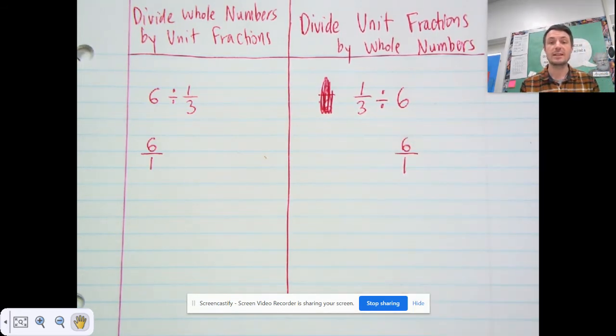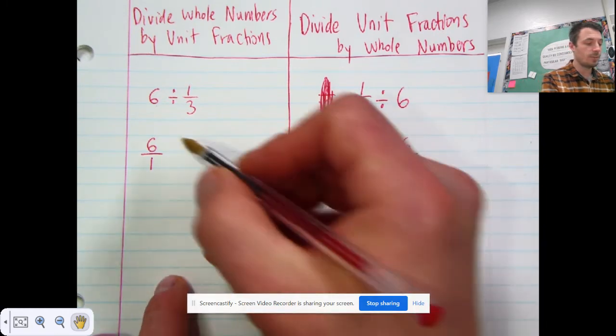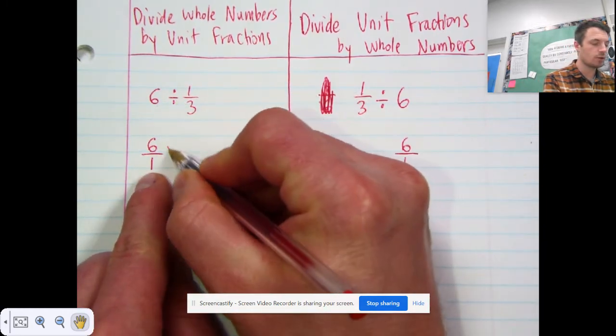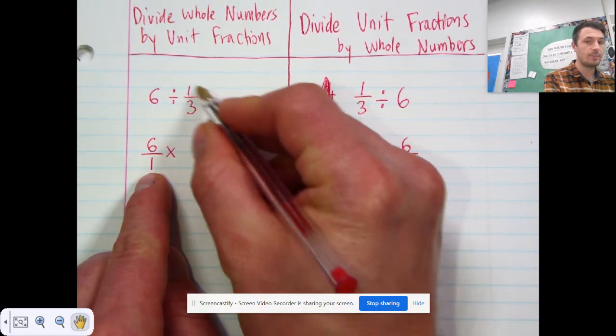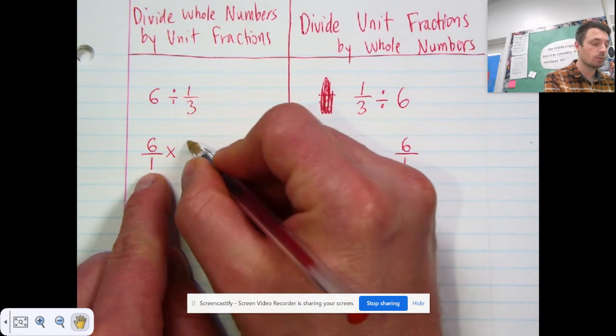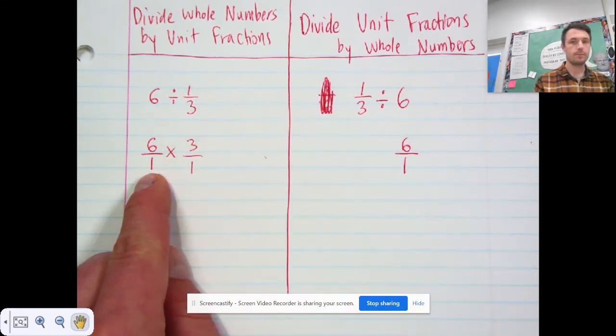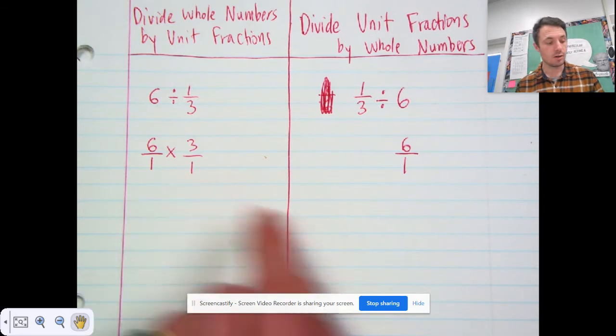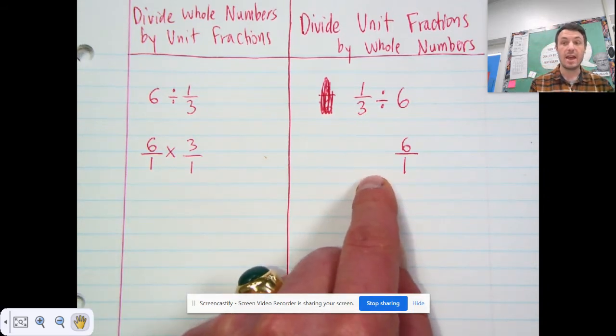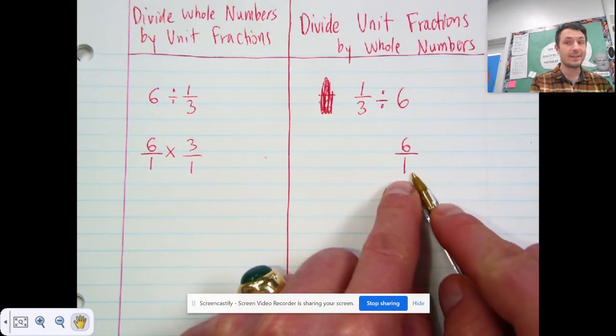Okay, and the second step is you flip the sign and the second fraction. So to flip the sign, we change this from division to multiplication, and we flip the second fraction. So 1/3 becomes 3/1. Now, here we flip the sign and the second fraction too. So you flip this fraction.